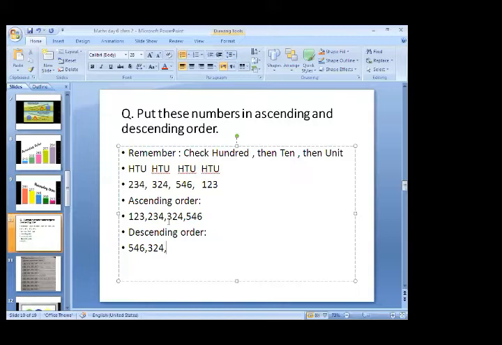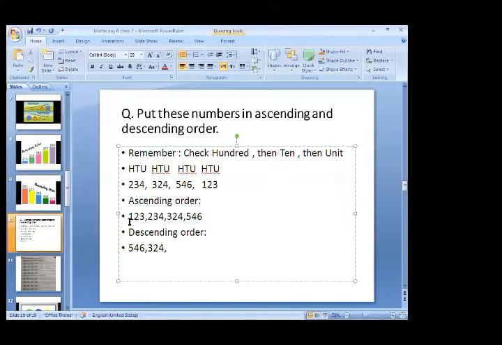After 324, two values are remaining: 123, 234. So check the hundred place.